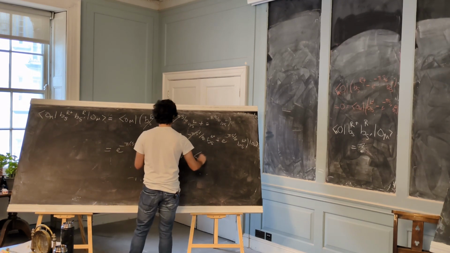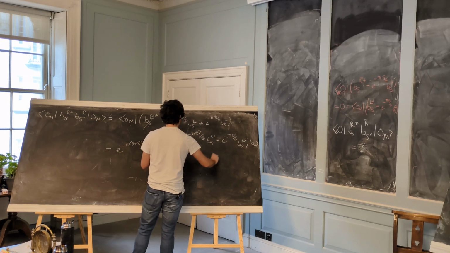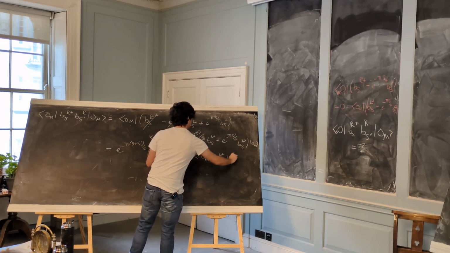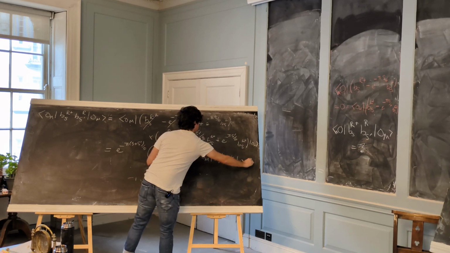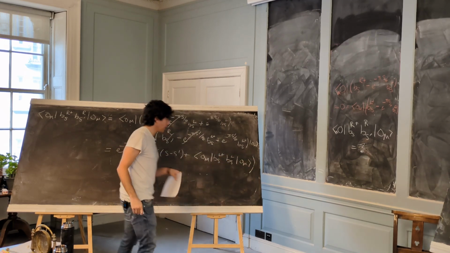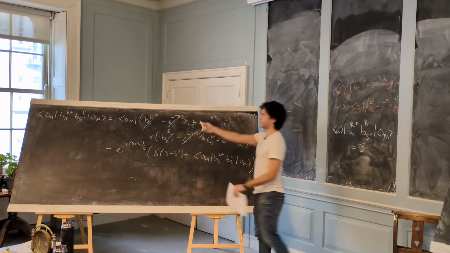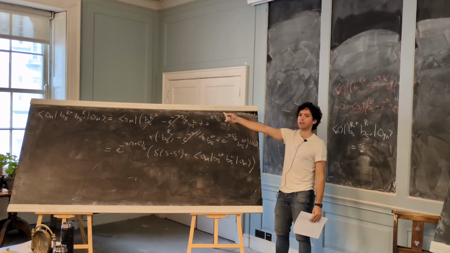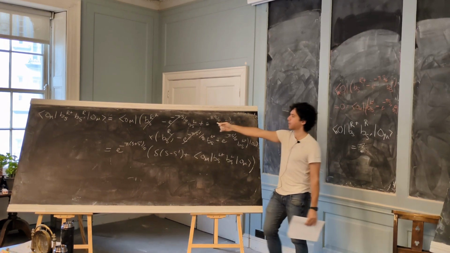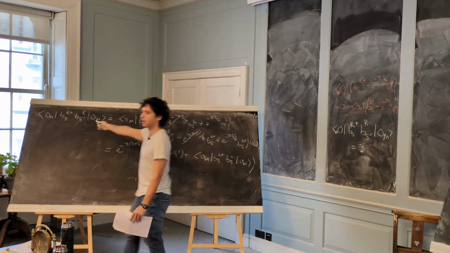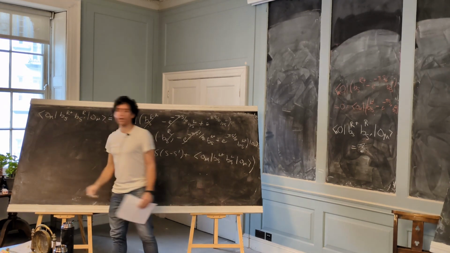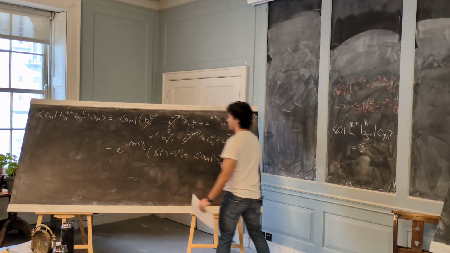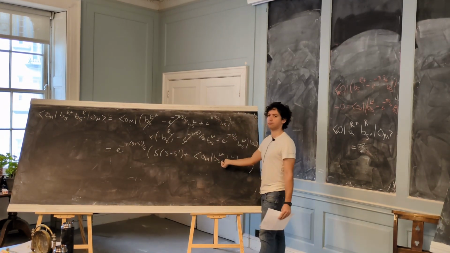And then I've related my calculation of the expectation value of the number operator in the right wedge to the calculation of the expectation value of the number operator in the left wedge.